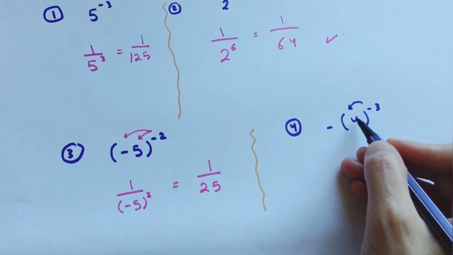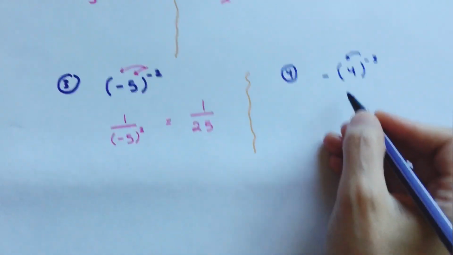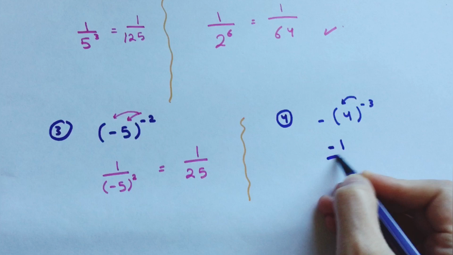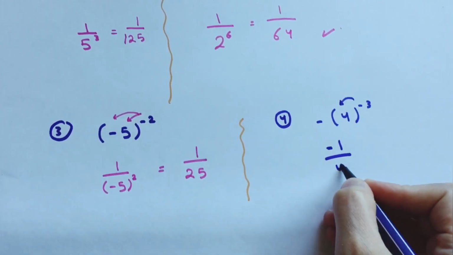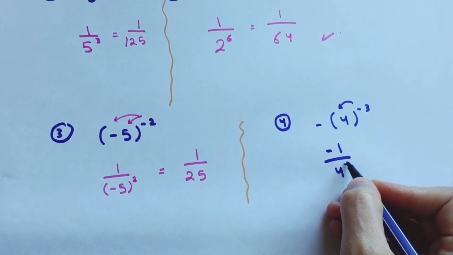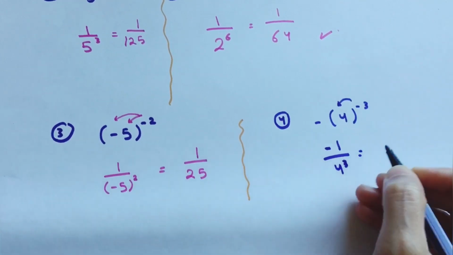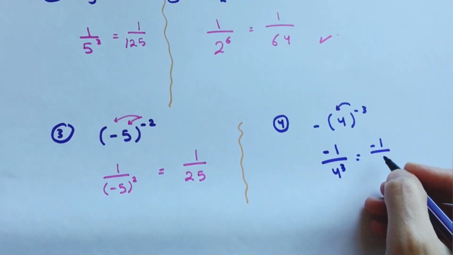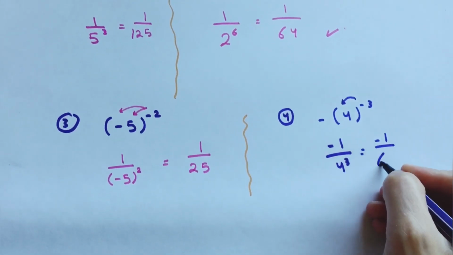Here the negative 3 is only for the 4. So I'm going to take the 4 down only. The negative 1 will stay up. I will not take it down. The 4 will be down and to the power of 3. Okay, so it will be negative 1 over 4 to the power 3, which is 4 times 4 times 4, it will be 64.